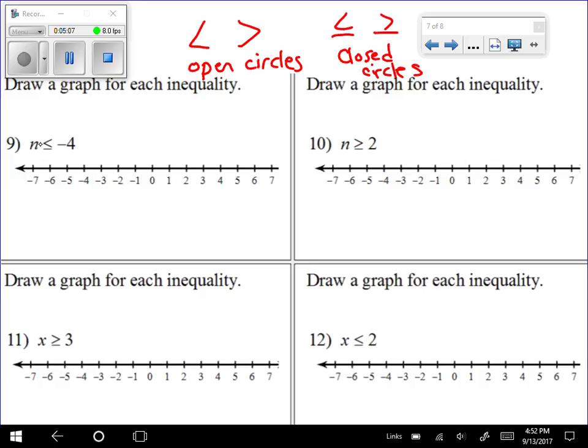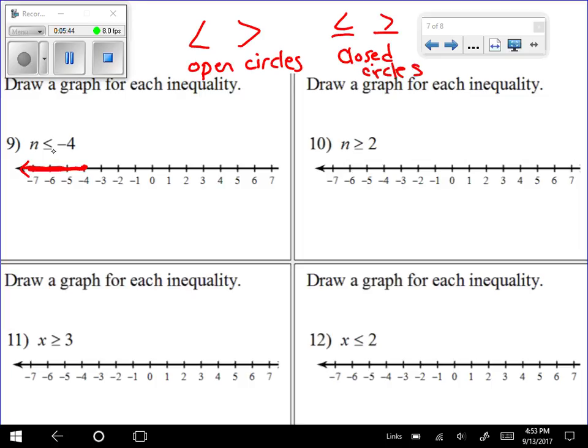In this case, we have less than or equal to, so that's going to be a closed circle at -4 because n could equal -4, and we want to shade anything that is equal to -4. Now we want to shade in the direction that makes the inequality true. Think about this. Is -3 less than or equal to -4? No. Is -5 less than or equal to -4? Yes. So we're going to shade everything in this direction.